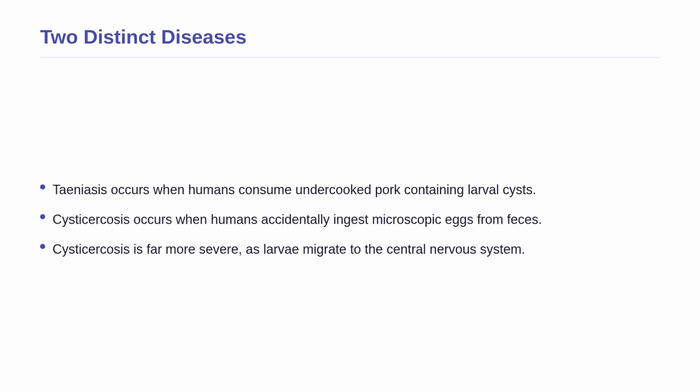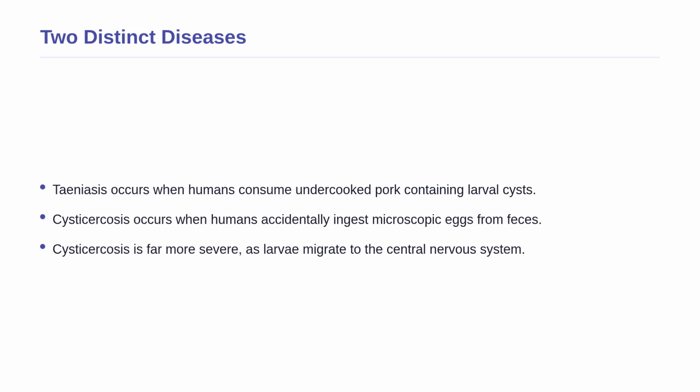This reliance on 2 hosts leads us directly to the 2 distinct diseases this parasite causes in humans. The outcome depends entirely on which stage of the parasite is ingested. When humans consume undercooked pork containing larval cysts, the adult tapeworm develops in the intestine, causing a relatively mild condition known as taeniasis.